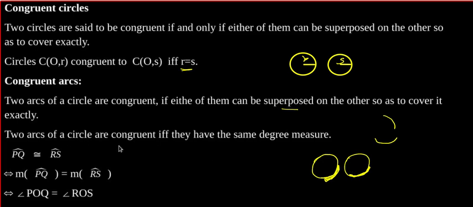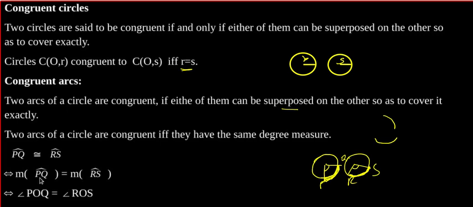Two arcs of a circle are congruent if they have the same degree measure. So, if two arcs are congruent, the angles subtended at the center are equal. If two arcs are congruent, the degree measure of the arc is the same. Suppose we take this as arc PQ and this as arc RS, so arc PQ is congruent to arc RS.